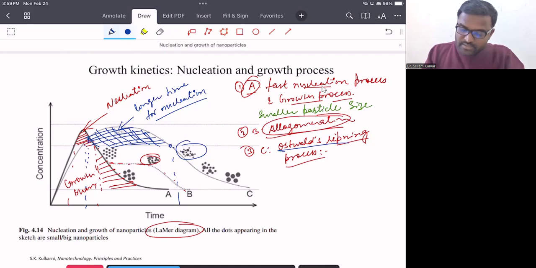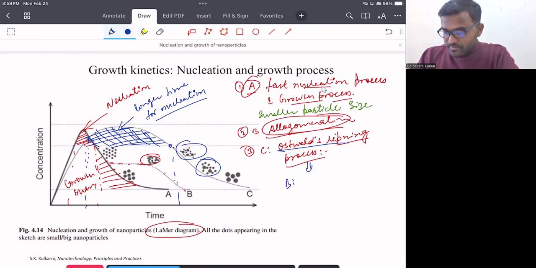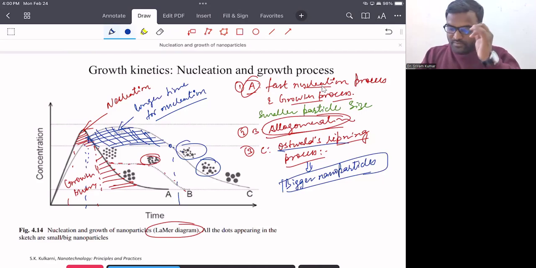That bigger particle is formed at the expense of the smaller particles, because many small particles combine together and form the bigger particle. And then there is a further increase in the size of the nanomaterial. So in the Ostwald ripening process, we will get bigger nanoparticles as compared to condition A.